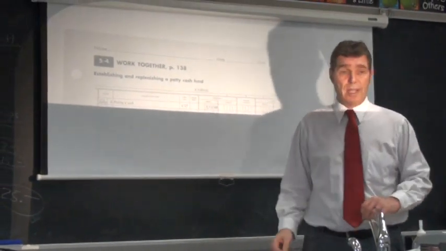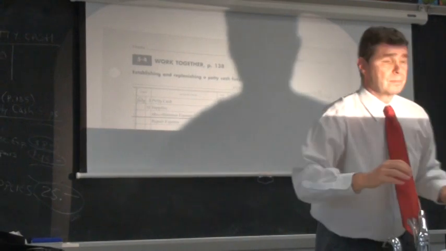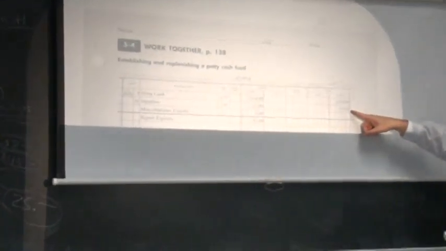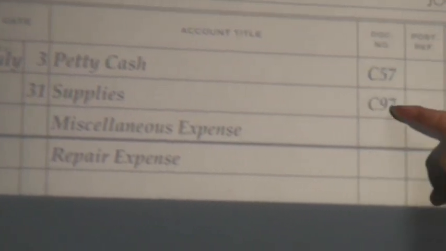What we're really doing here is writing another check to cash, cashing another check for $78, the total of the petty cash slips for the month. We're writing a check for $78, check number 97, and we're attributing the debit part because you can't have credits and not debits to go with it.